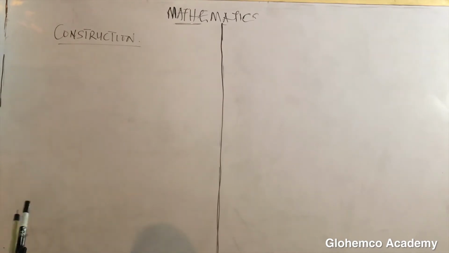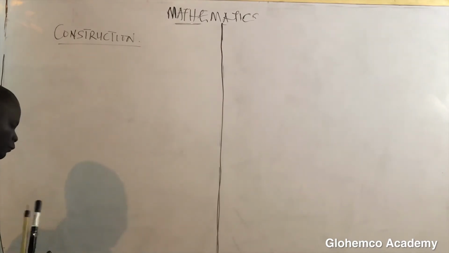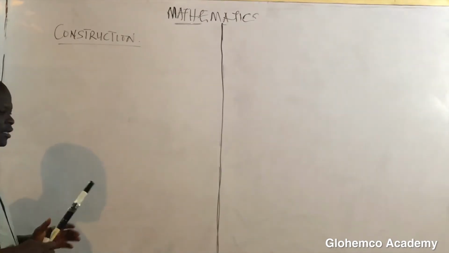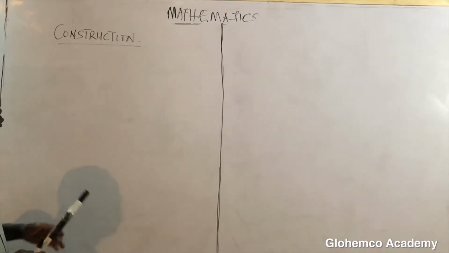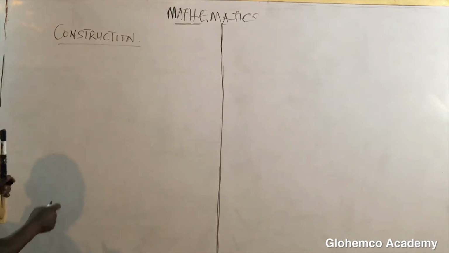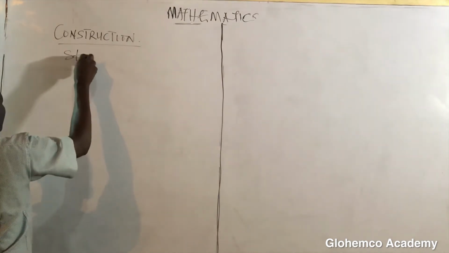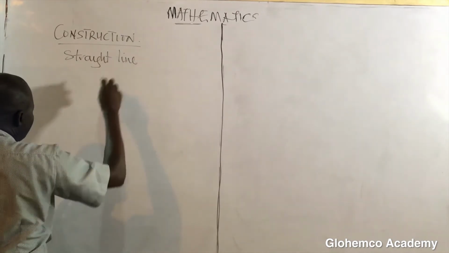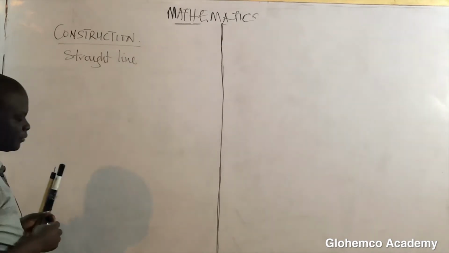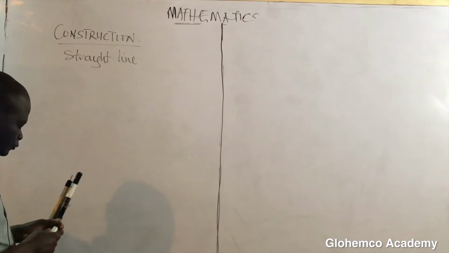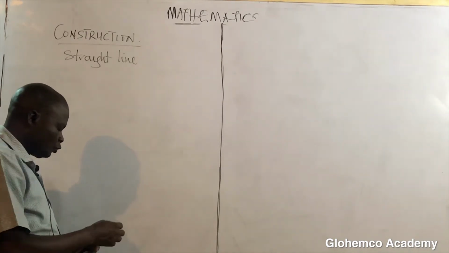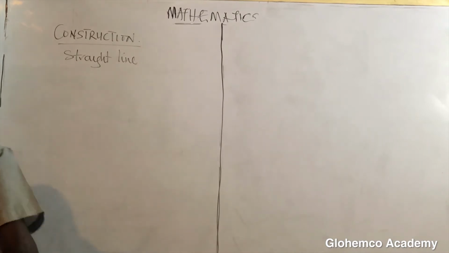I want us to start from the drawing of a straight line. These are the things that you need to note. When you want to draw a straight line, say a straight line AB, we can open our compass to the number given to us.